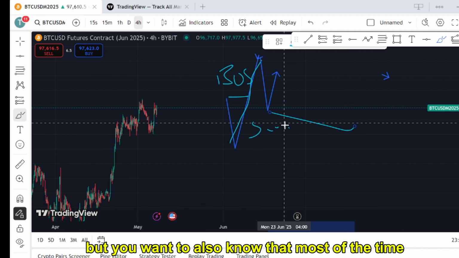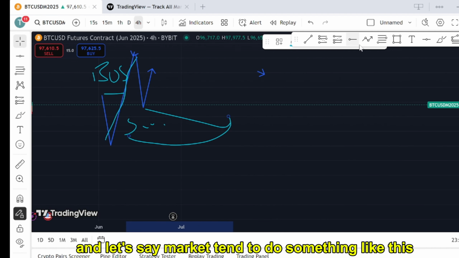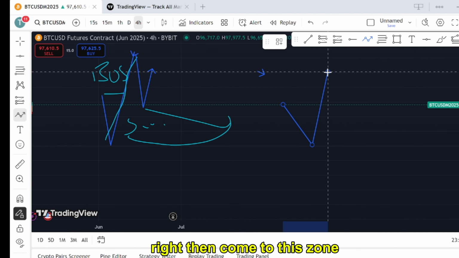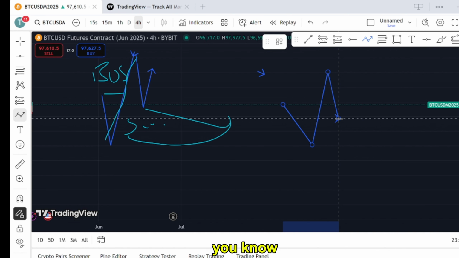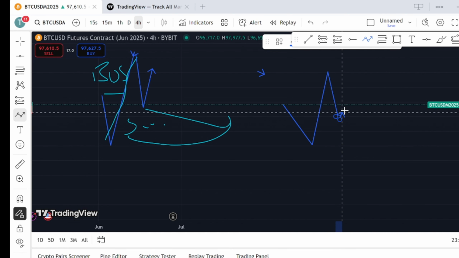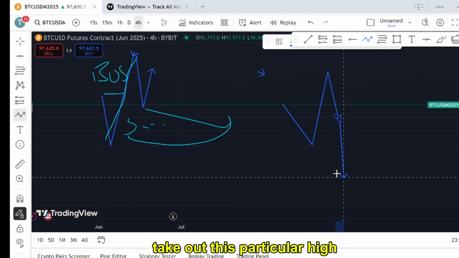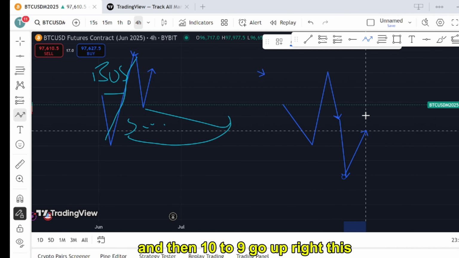But you also want to know that most of the time, if the market does something like this, then comes to this zone, instead of respecting this zone and going up from this top, most of the time it comes this way, takes out this particular high, and then goes up like this.